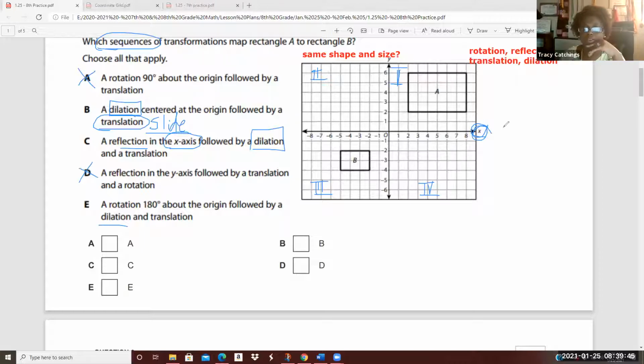Don't even look at B. We looking at A. What quadrant should it be? Good job, Braylon. So A would then end up down here in quadrant 4. So would C work? Could it have been reflected and got larger? What else would have happened for this rectangle to end up over here? What other kind of transformation?